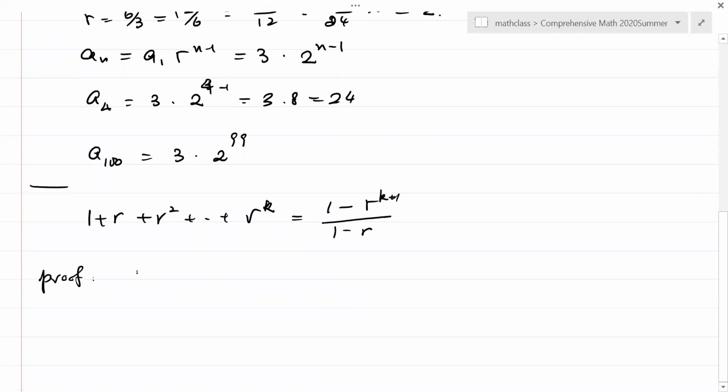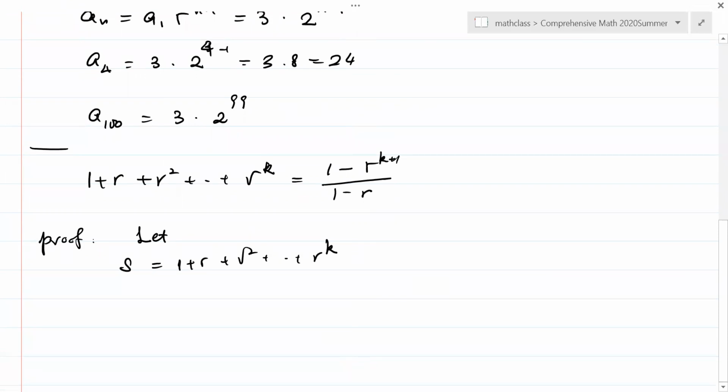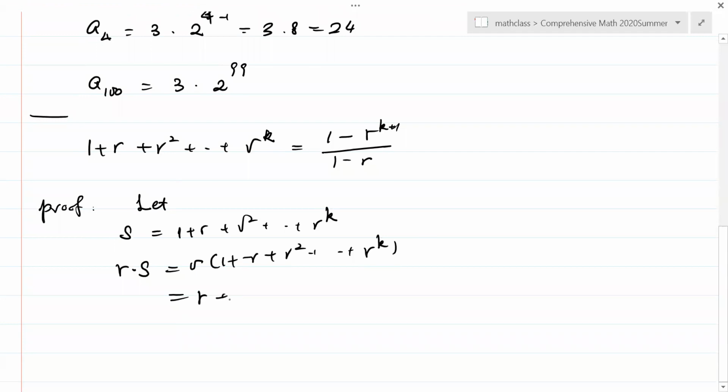The proof is you let S be 1 plus R plus R squared up to R to the K. We want to get a simple expression on the right-hand side. So what I'm going to do is multiply S by R. You multiply each term by R, and when you multiply them out, it's going to be R plus R squared, R cubed, and here's R to the K plus 1.